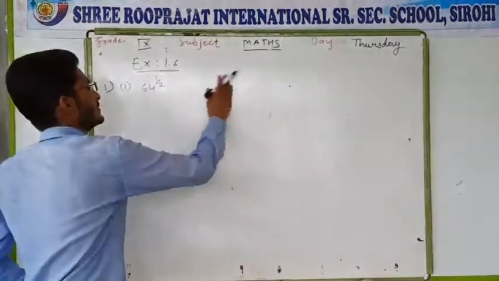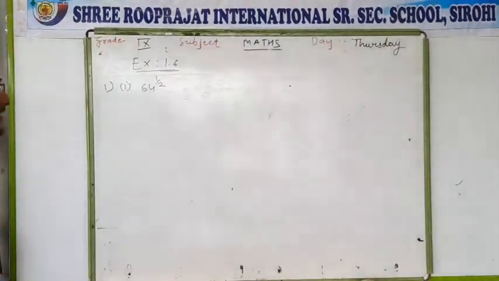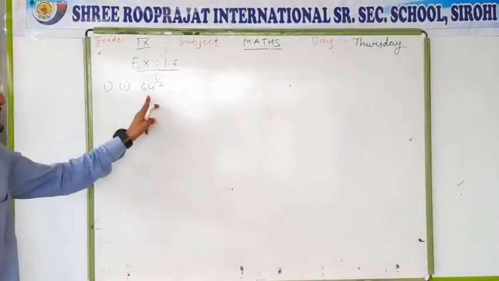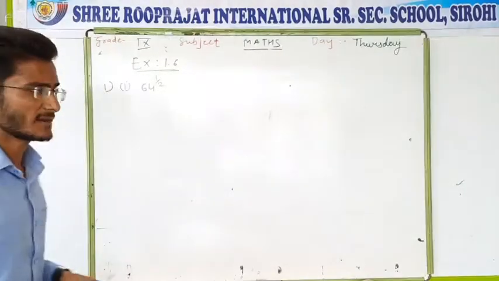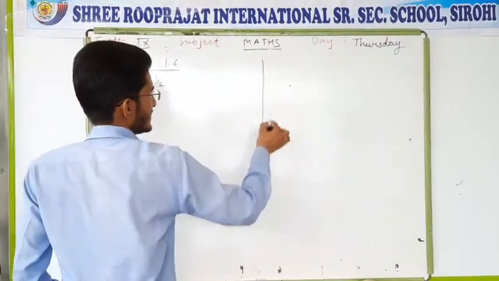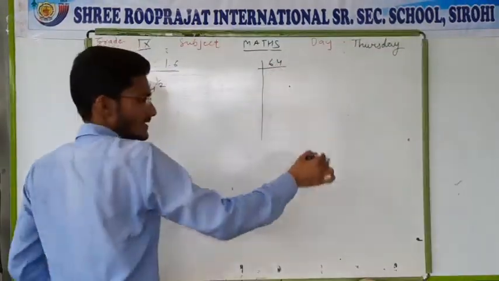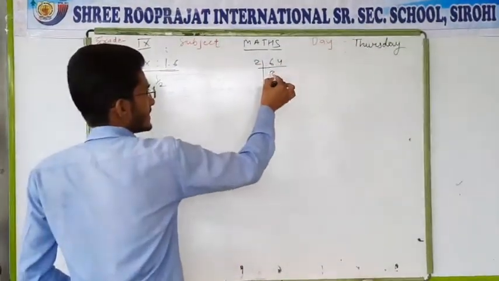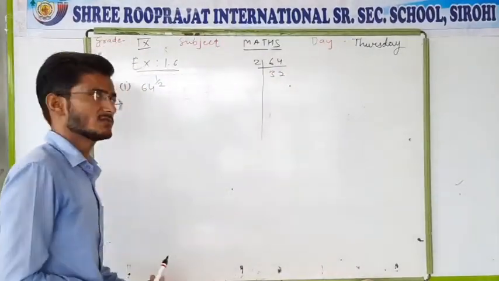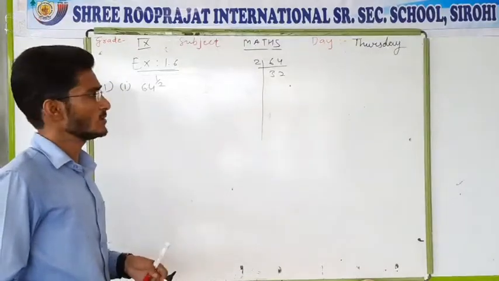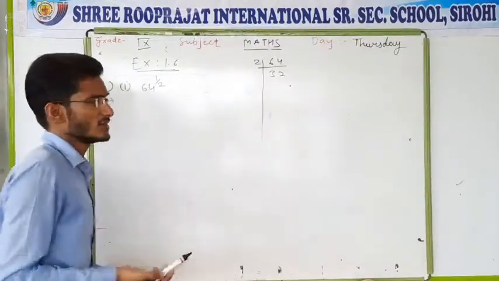In that case, first of all you have to find the exponent form of 64. For that you can use prime factorization. Start with 2. If you divide 64 by 2 you will get 32. From that the second question we will start, because in the next question it is given 32 to the power half or something else, you can check.